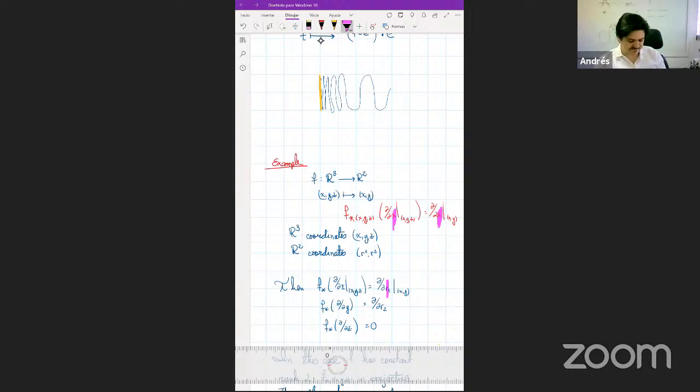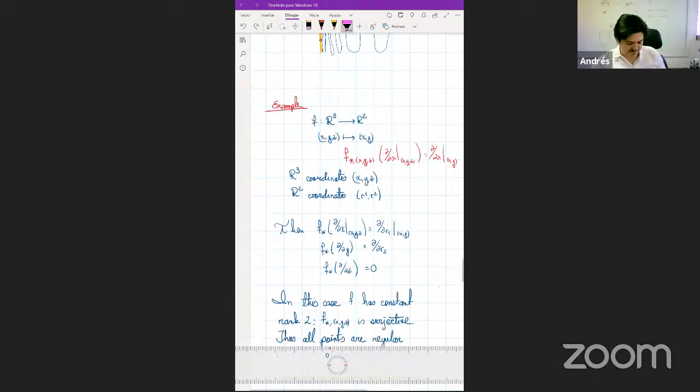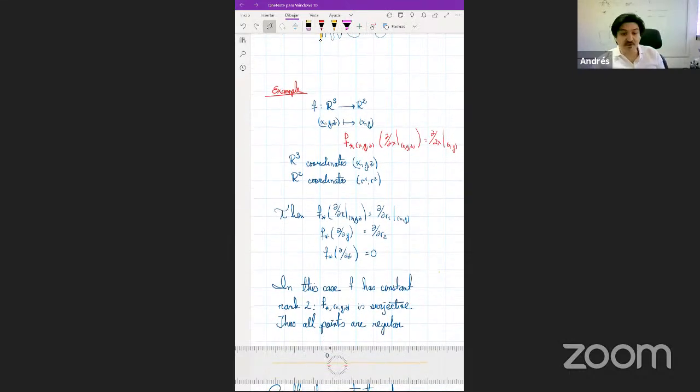X and X. Right? In this case, the function is not injective, but it is onto. But the differential has a kernel, okay? And so we have constant rank 2 at every point, okay?